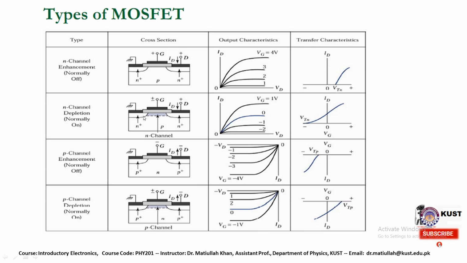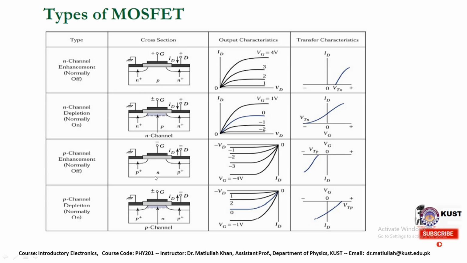And we have n-channel depletion, that is normally on, and this is the curve for that. Here this region n-channel is on, so current flows between the gate and source, and this is for n channel, both for n channel, and in this case it is off, and this case is on.